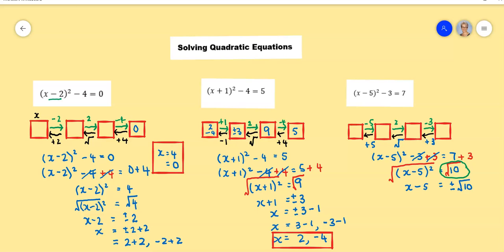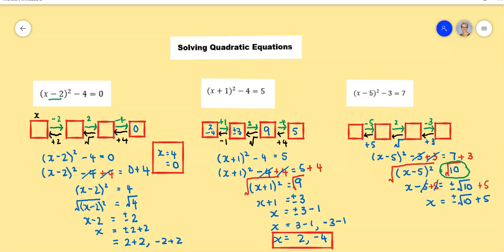So the next thing that we're going to do is add 5 to both sides. So I'm going to add 5 here and add 5 here. So the minus 5 and plus 5 will cancel out, and I am left with x is equal to the positive and negative square root of 10 plus 5.